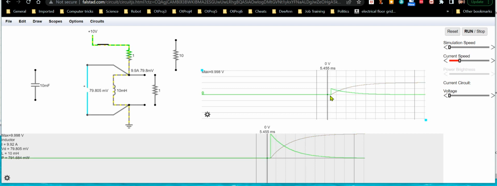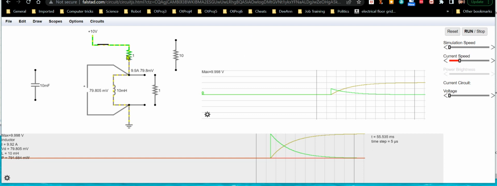So what we see here is a time constant, like 5 time constants here, as it tries to store energy in its magnetic field. The interesting thing about inductors is that the time constant is RC, R times C, for the resistor-capacitor circuit, but it's L divided by R for the inductor time constant.